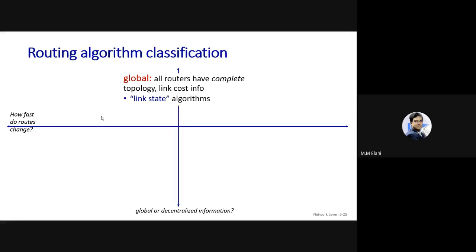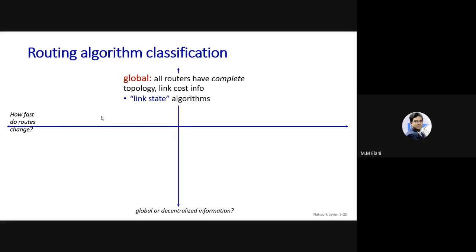There is one horizontal line: the faster the routes change. Another parameter is global or decentralized information. Is it required for each router to get all the information, or will local information be enough? Based on that, there are two categories.